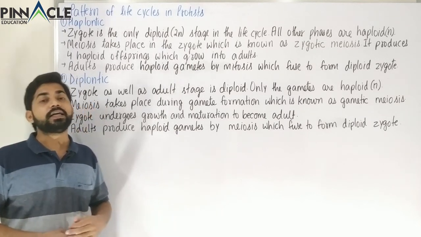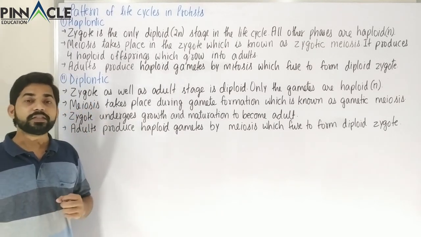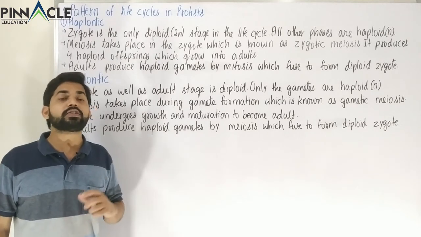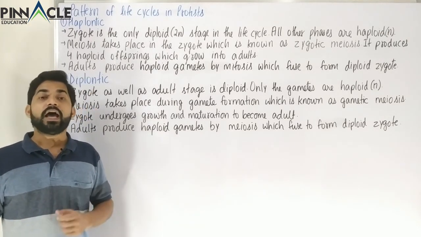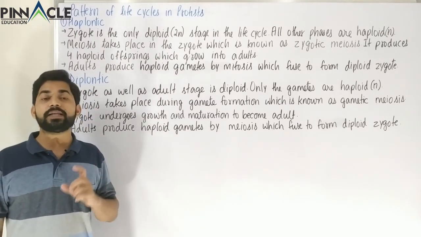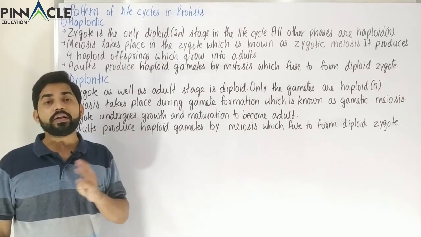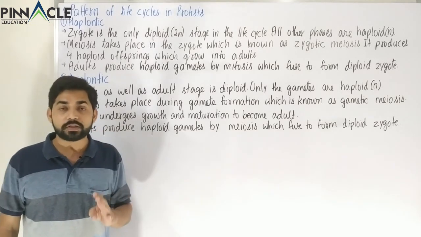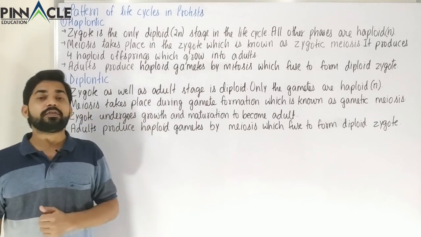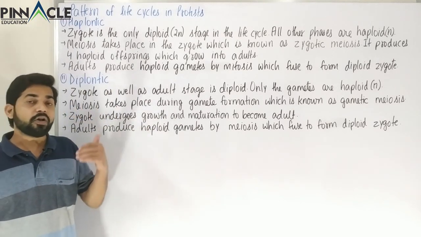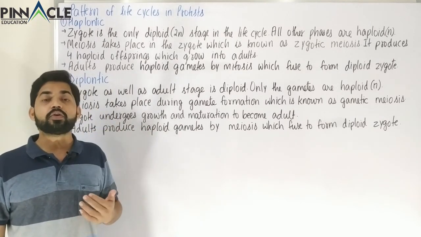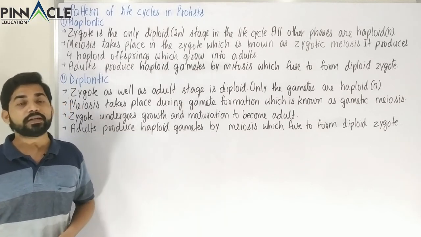This is why the meiosis occurring in the zygote is called zygotic meiosis. When meiosis takes place in the zygote, 4 progenies will be created, and all those 4 progenies will grow to form adults.